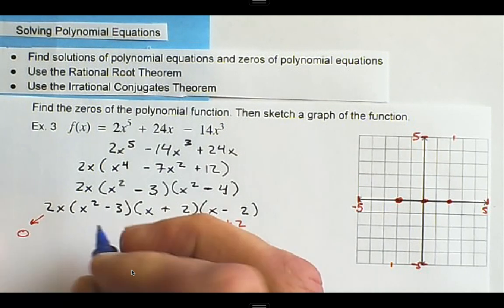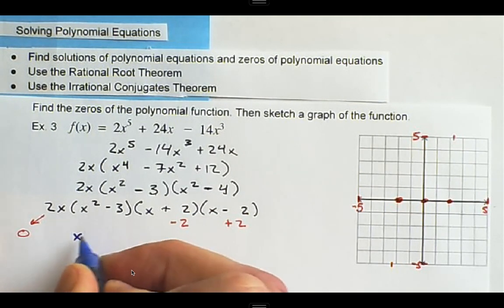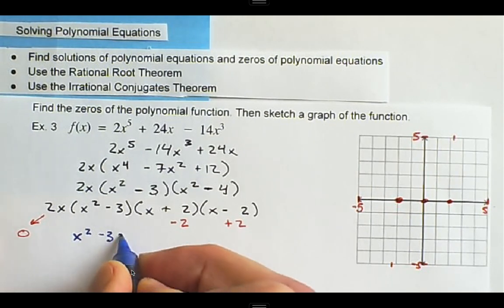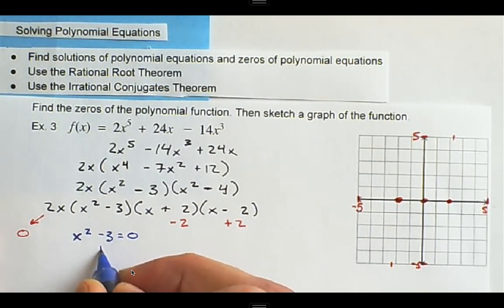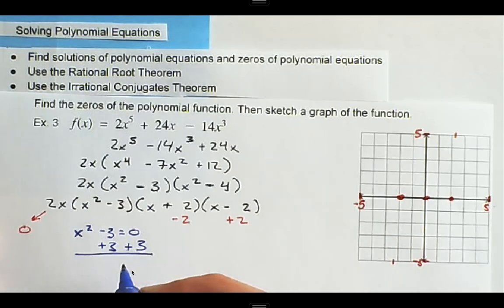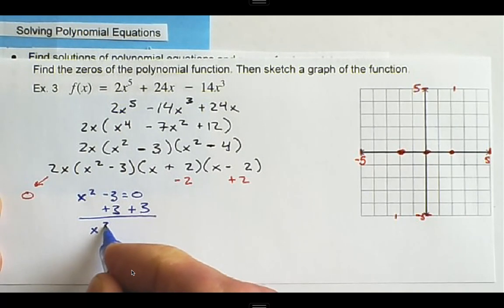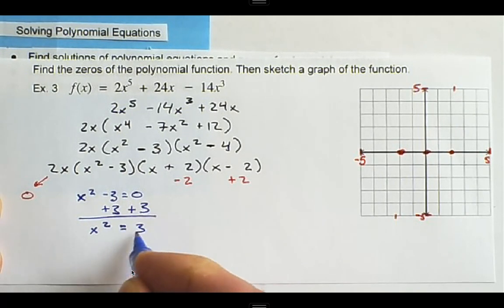Here we're going to take this binomial and set it equal to 0. So we have x squared minus 3 equals 0. Add 3 to both sides, and we get x squared is equal to 3. And we take the square root.